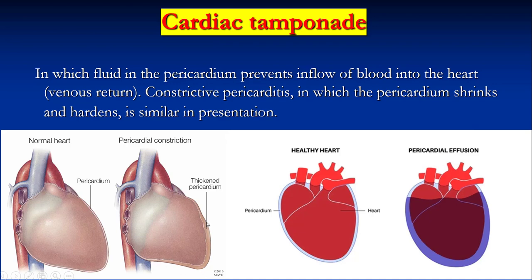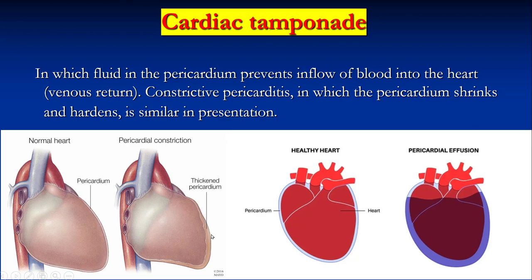Cardiac tamponade, in which fluid in the pericardium prevents inflow of blood into the heart. Venous return. Constrictive pericarditis, in which the pericardium shrinks and hardens, is similar in presentation. Here this is the normal heart and there is no fluid in the pericardium.